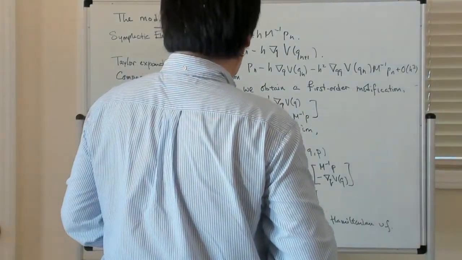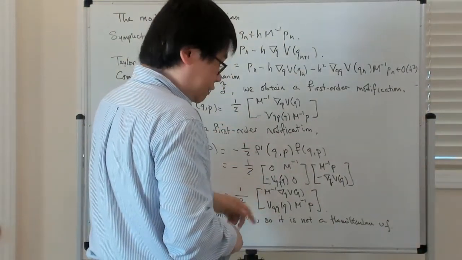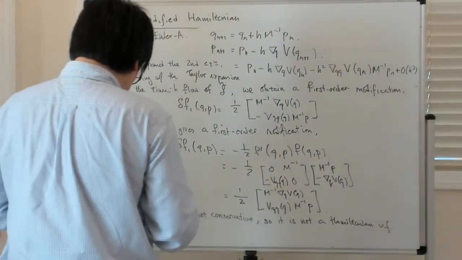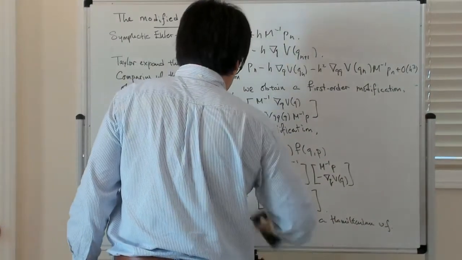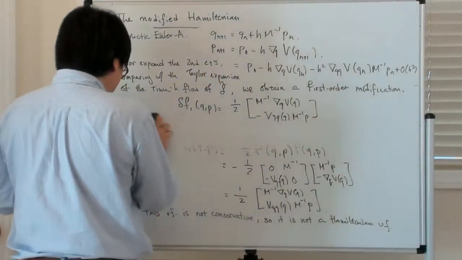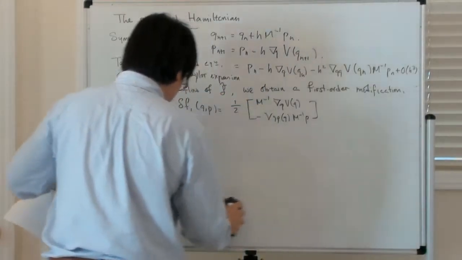All right. So the main thing is that there's a minus sign here where there wasn't a minus sign before. So the net effect of that minus sign is that now that vector field is conservative and comes from a Hamiltonian.